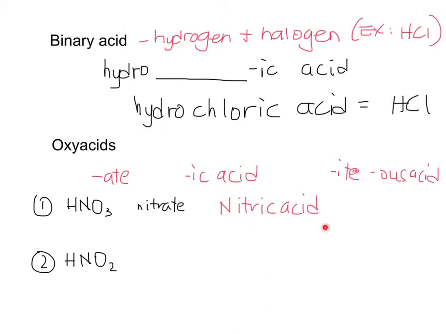I just name it by the polyatomic ion, so nitrate turns into nitric, and then I put acid. The second one is nitrite. Since it ends in ITE, instead of writing nitric acid, I'm going to write nitrous acid. And it's as simple as that.